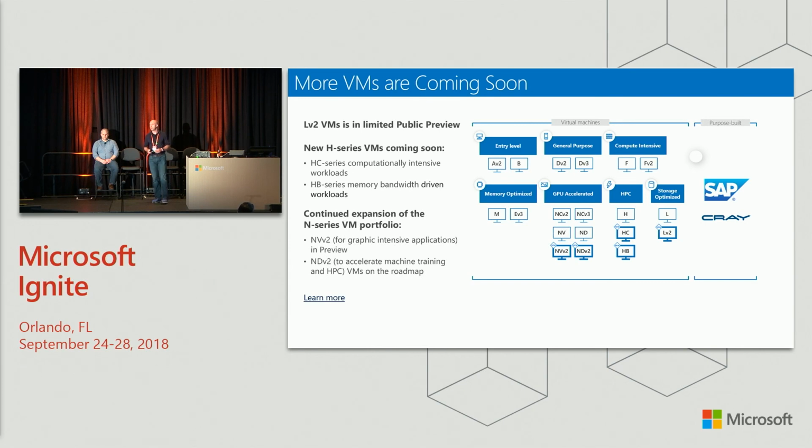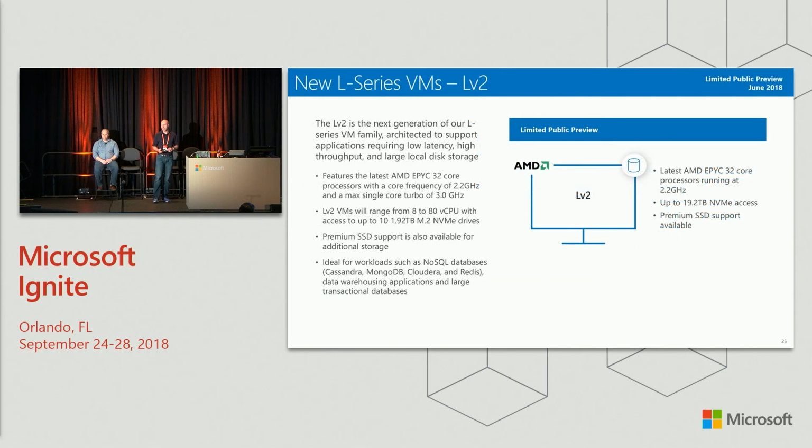We also have two new families of sizes coming in our HPC series, and we're going to cover those. And then we mentioned before, we have our GPU series. So we have new offerings coming there as well, and the NVV2 and the NDV2 that expand that GPU portfolio are going to give you access to a new series of GPUs, and new workloads become available as a result of that as well.